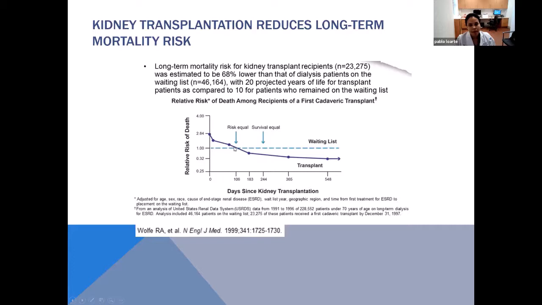But once they pass those first 3 months, the mortality risk drops significantly, and patients with a transplant survive much longer, to the point that those who receive a transplant had 20 projected years of life, as compared to 10 for patients who remain on the wait list. So transplant doubles the life expectancy of the patients.